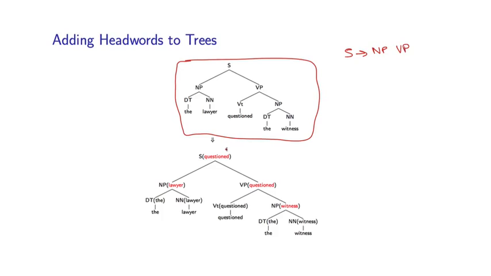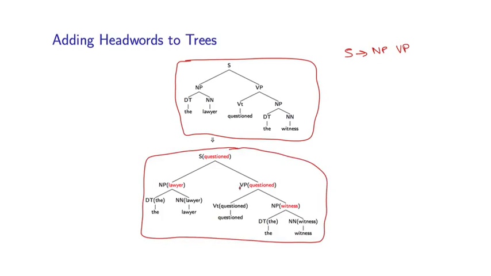And we're going to add lexical information in the tree. In particular, for each non-terminal in the tree, for example, here we have VP, we'll now add a lexical item, questioned, which is drawn from somewhere below it in the subtree. So the question came from this word down here. And the head annotations will be used to define how head words flow up through the tree.